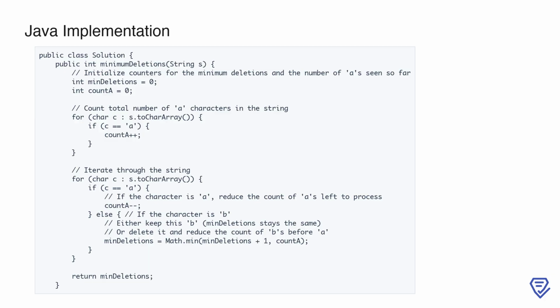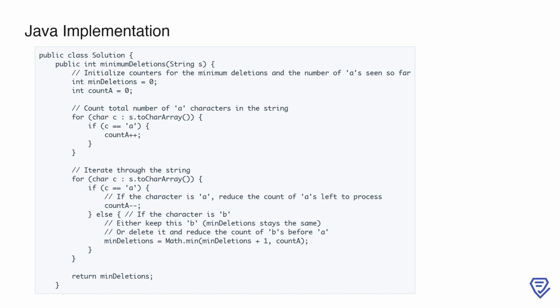First, we initialize two variables, min_deletions to track the minimum number of deletions required, and count_A to keep track of the total number of A's. We then use a loop to iterate through each character in the string, counting the total occurrences of A in count_A. Next, we process each character again. If the current character is A, we decrement count_A to reflect that one A has been processed.